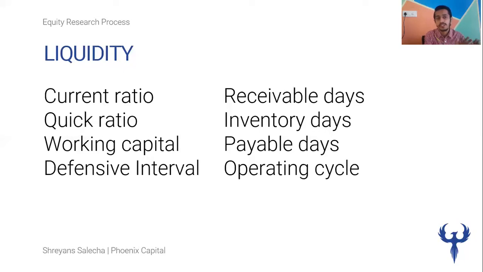The company wants to generate cash from its operations and service all the expenses from that. So what you'd want is an operating cycle that is shorter than the defensive interval cycle, so that you can continuously generate cash and meet the day-to-day expense requirements of your business.